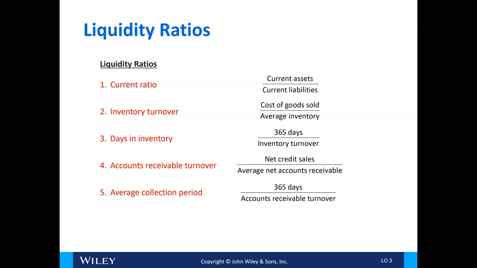Same thing with accounts receivable turnover is how often do you turn over all of your receivables? And then what's your average collection period? Now, if your average collection period is 45 days, but your terms are 30 days, that would represent a problem. Whereas days in inventory, the higher that number is, the longer it takes you to sell your inventory.